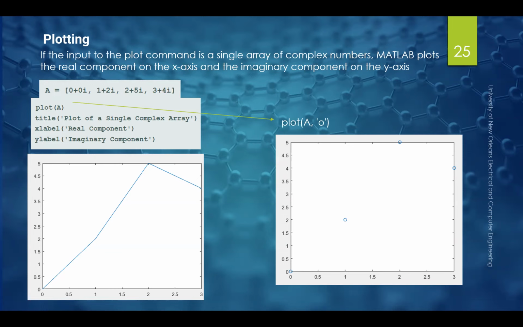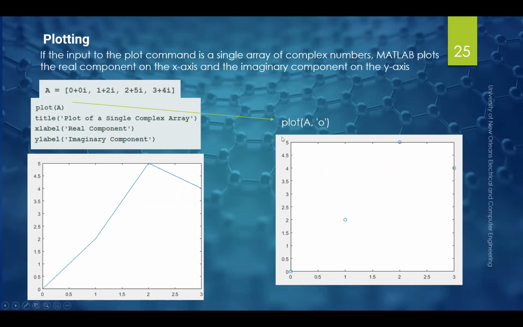When we plot it, it's going to plot the real part on the x-axis and the imaginary part on the imaginary axis.